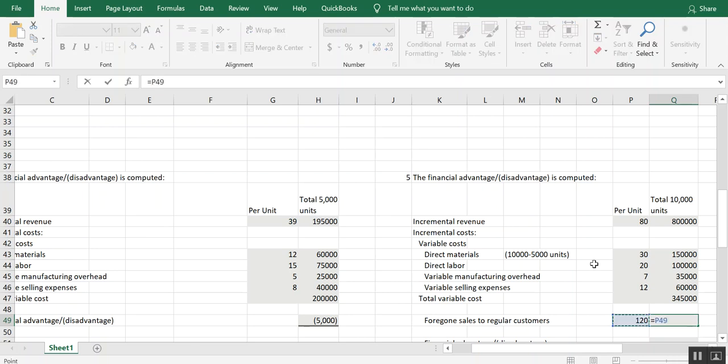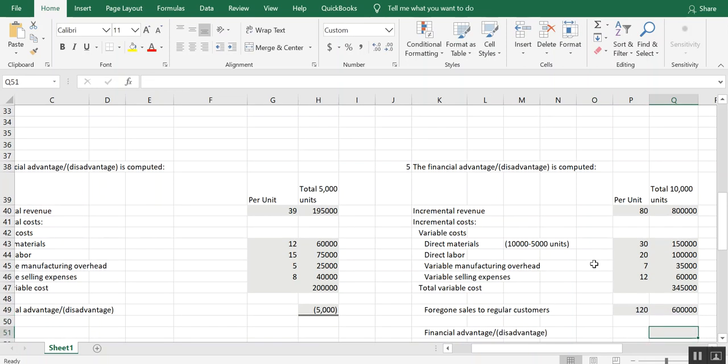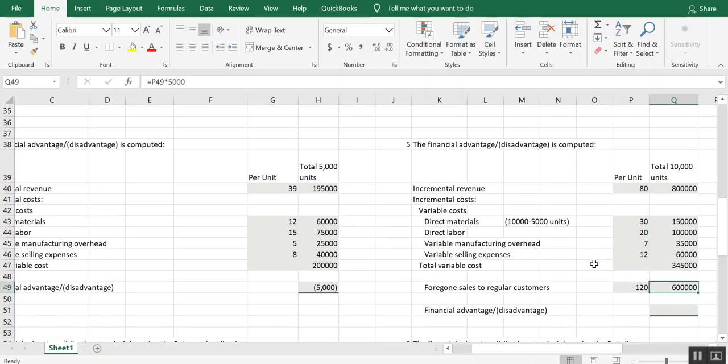So we take the $120 times 5,000 units, and we're going to give up $600,000 in revenue. Okay, that is an opportunity cost, but that's a real cost because we will not collect that 600,000 from our regular customers. Instead, we're going to be redirecting it as a part of this $800,000 order here.